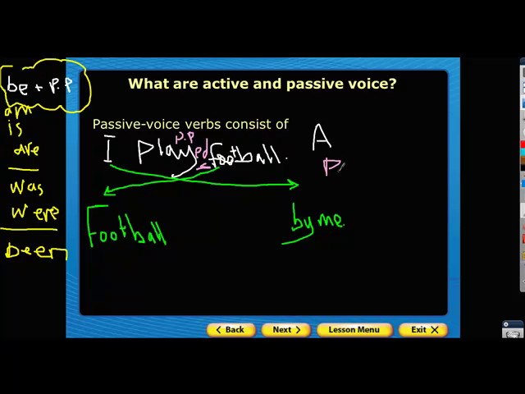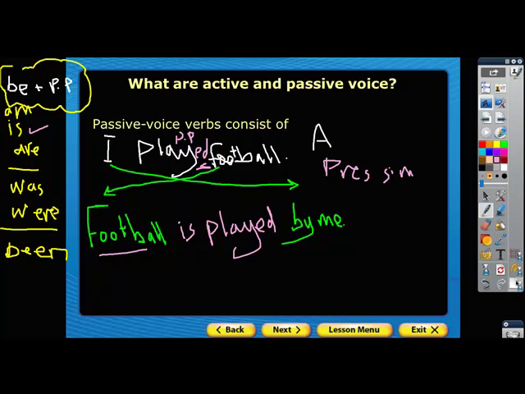Yes, it's present simple, right? So I need verb to be in the present simple. So am, is, or are. The football here takes which form of verb to be? Yes, football is. The football is played by me. Pretty simple, right?